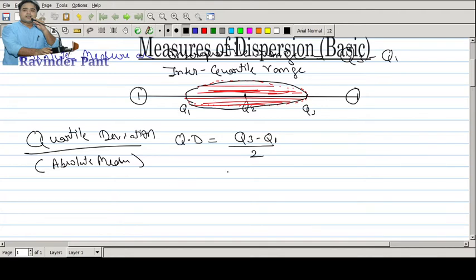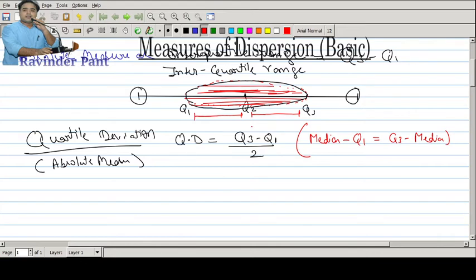So if I drill further into this, if you deduct Q1 from the median, this will be equal to Q3 minus median. Why? Because in a symmetric distribution, these two points are equidistant. So this quartile deviation is also covering the 50% of the data.